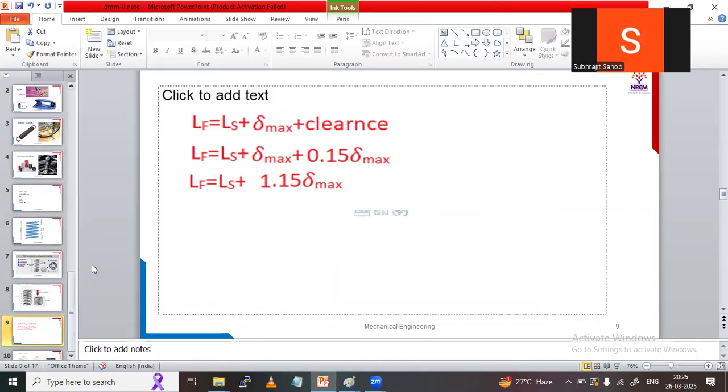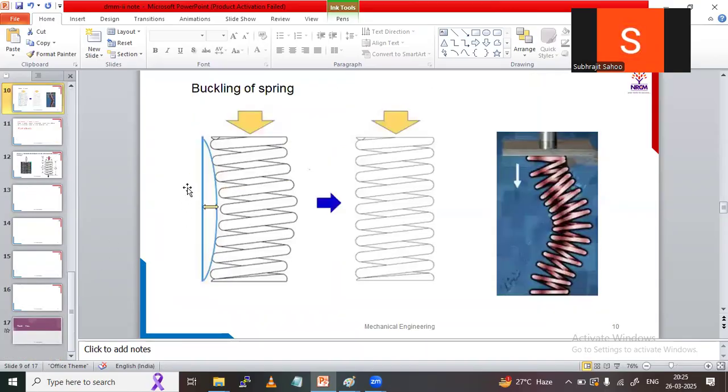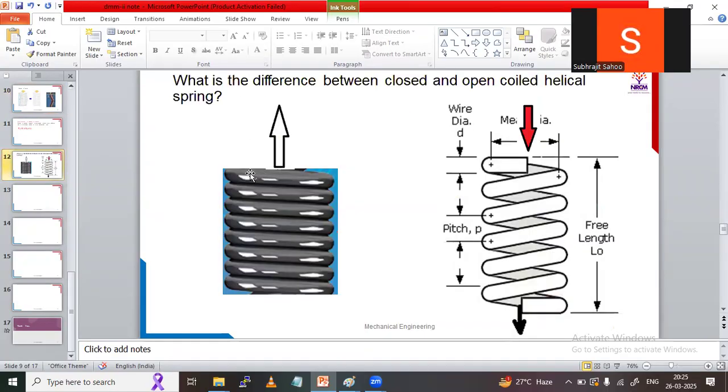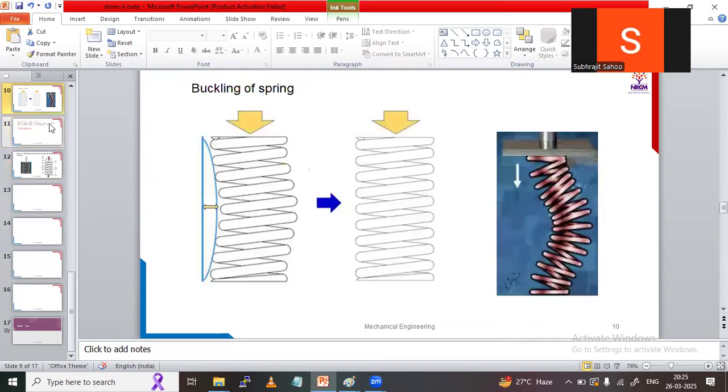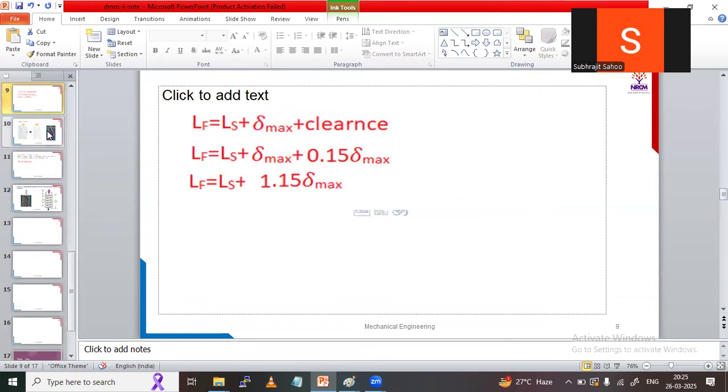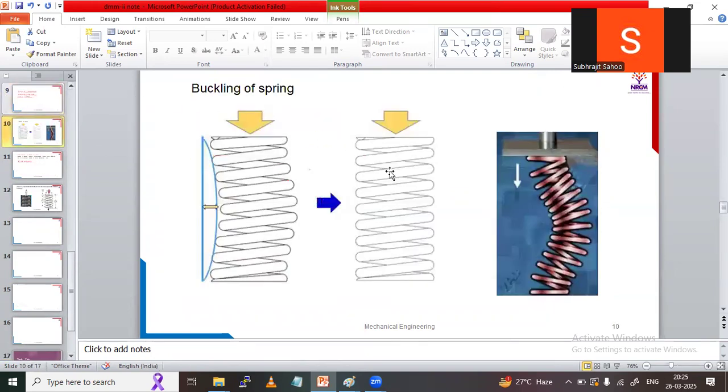Next is buckling. Buckling of the spring. What do you mean by buckling of the spring, sir?